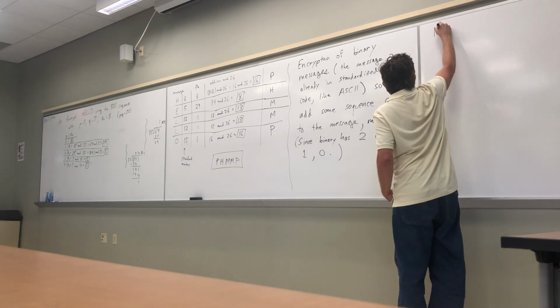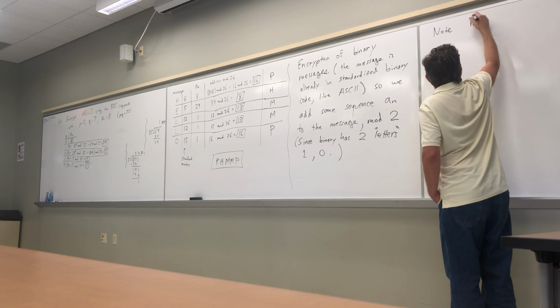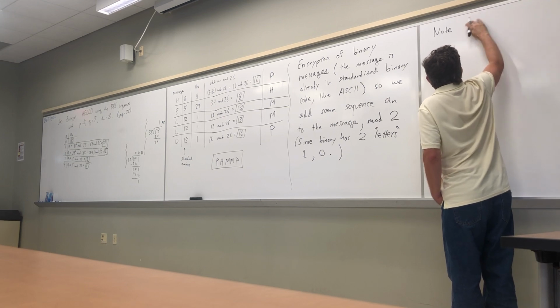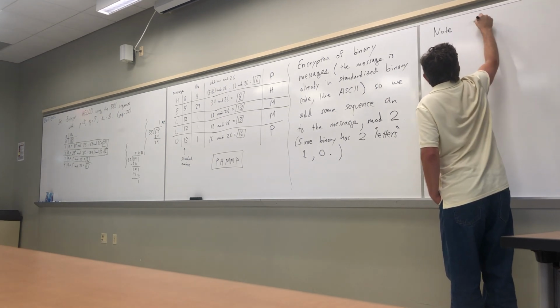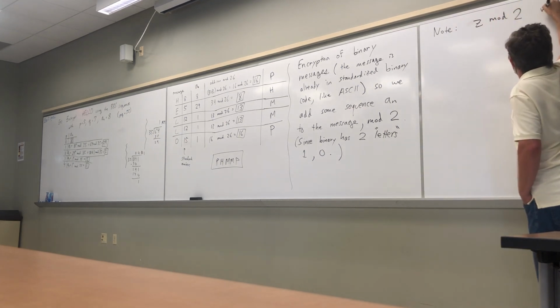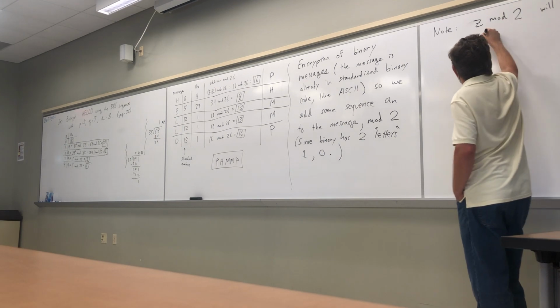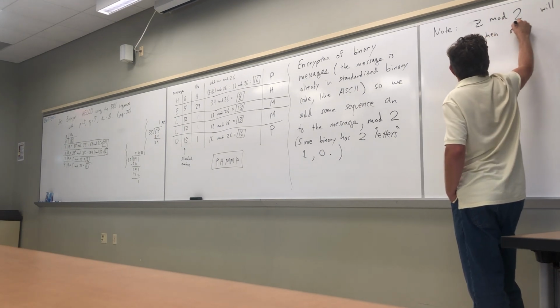So let me write a couple of those things down. So note, if you have some number z, z mod 2 will be the remainder when dividing by 2.